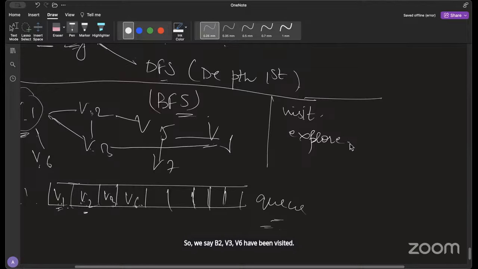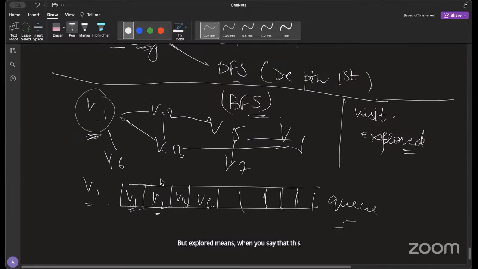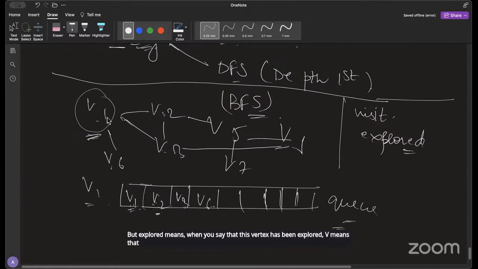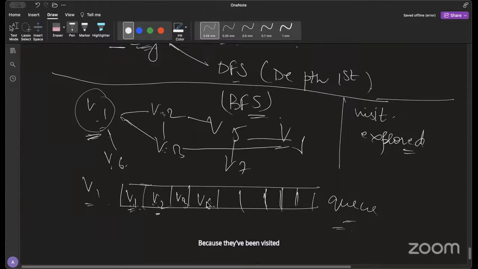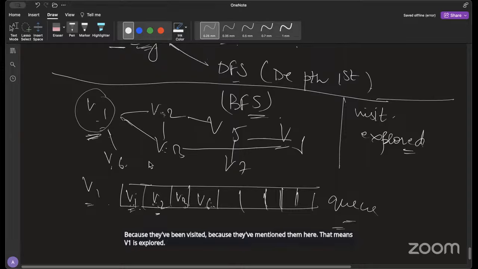But explored means when you say that this vertex has been explored, we mean that all the vertices that were directly connected to this vertex have been visited. So if V2, V3, V6 have been visited, because we've mentioned them here, that means V1 is explored. That means we're done exploring V1.